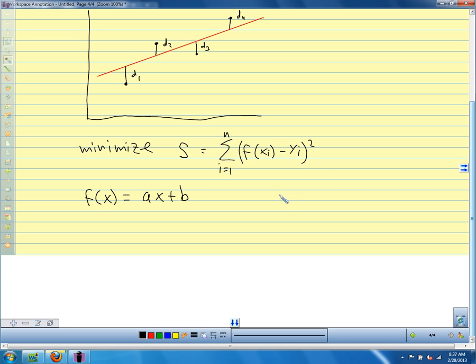So the sum is a function of a and b. We have a two variable function, and we want to minimize it with respect to a and b. We want to find a and b such that this function is minimized.